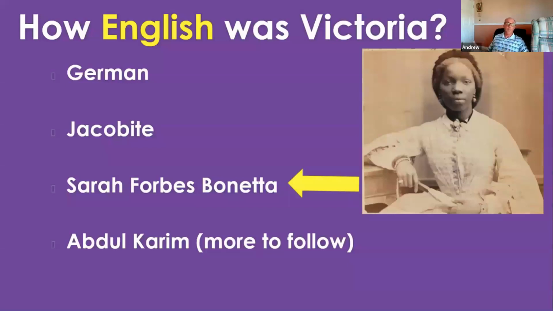Well, in one sense, she had to. She had to marry somebody who was royal. There were no English royals that she could marry, and clearly there were no issues about marrying first cousins, because she did marry a first cousin. But if any of her father's siblings had had male children, then she could have married them, but there weren't any. There was Victoria, and that other first cousin who died.